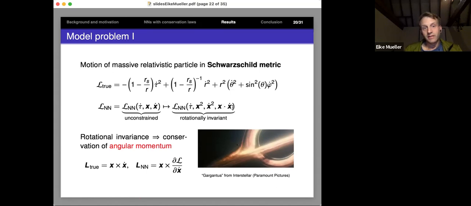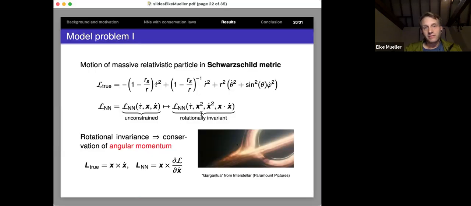scalar invariants here. Even though you might not really see this from this Lagrangian here, the Lagrangian is actually invariant under rotations. So it preserves angular momentum, which is just this quantity here. And this neural network, the rotationally invariant neural network, will also preserve angular momentum, but it's not quite the same.